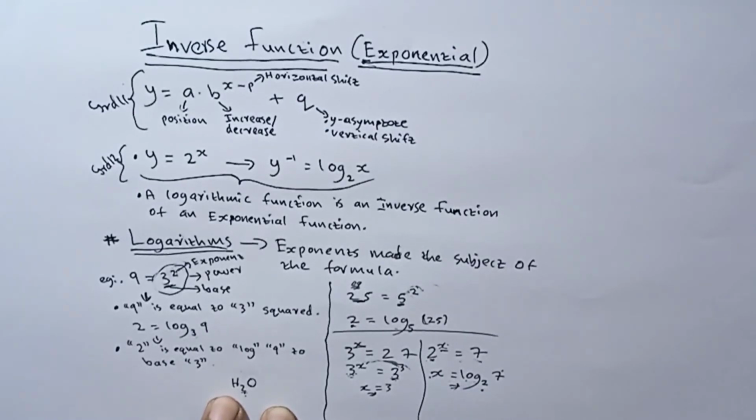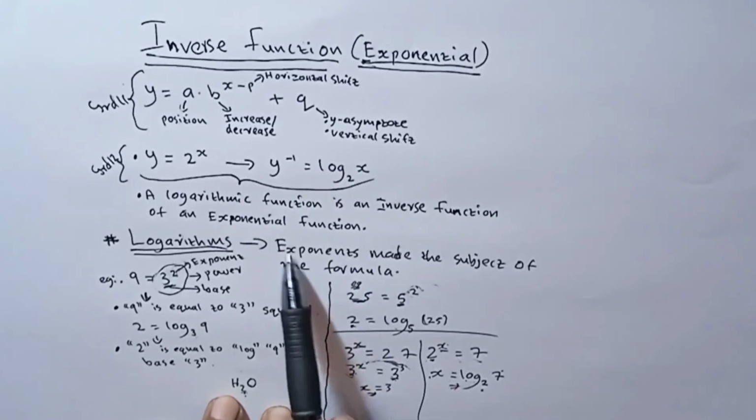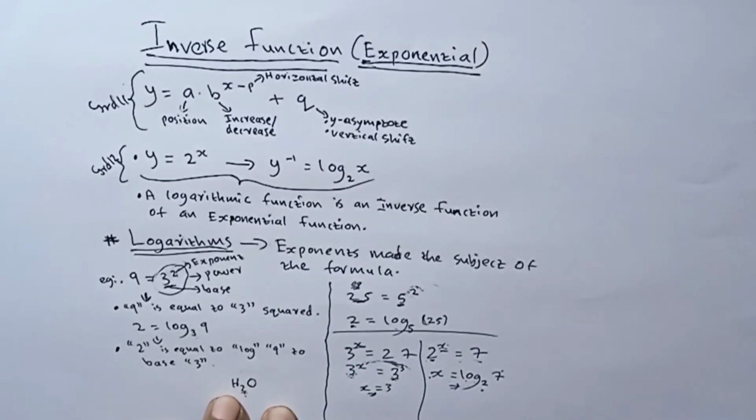So a logarithm basically is nothing but an exponent being made the subject of the formula. There are other definitions in textbooks and on Google, but this is just me simplifying the definition for your own understanding. Okay? So this video is just about how to make the exponent the subject of the formula using logarithms.